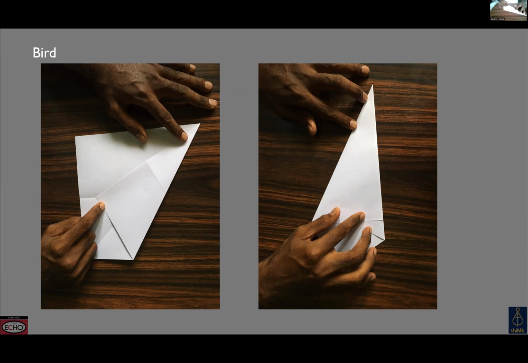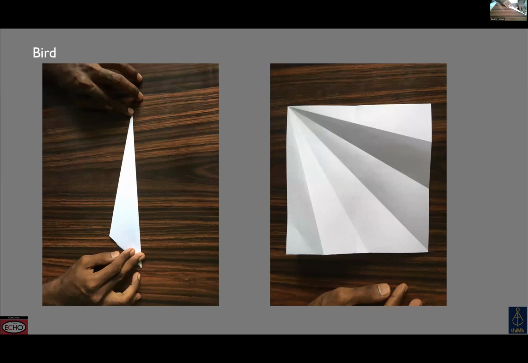So this is what we have as of now. And next, we are trying to fold that into half. And once we have this into half, now we unfold that. So we have this.